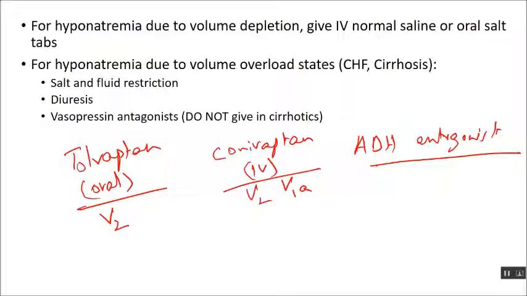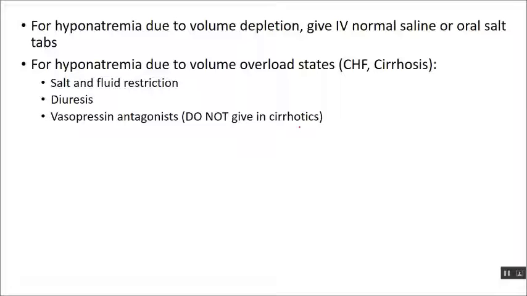but you should know about the limitations of these agents. Okay, so these agents, of course, are almost like a magic drug. You put the patient on them, and they will correct the hyponatremia. But you need to know what the limitations of these drugs are. The biggest limitation is hepatic injury. They can lead to quite dramatic and sometimes fatal increases in the LFTs.